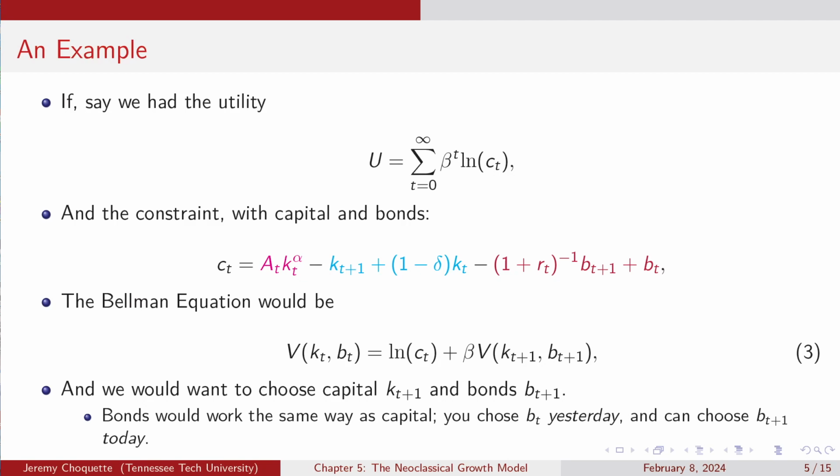And you want to choose capital, KT plus 1, and bonds, BT plus 1. So bonds and capital work the same way. You chose B sub t yesterday, but you can choose B sub t plus 1 today. So KT plus 1 and BT plus 1 are your choice variables. KT and BT are your state variables.